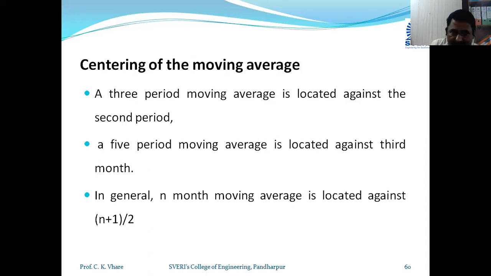Let us take one example before proceeding. These examples we discussed in the last lecture also, but I feel that one example is required at this particular junction. Let us take July, August, demand is 200.